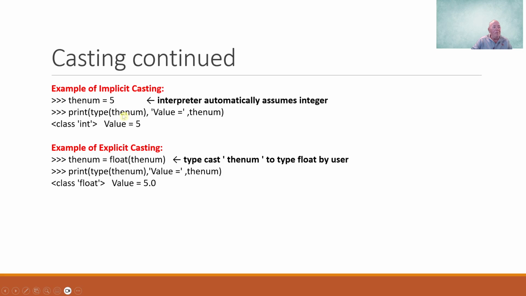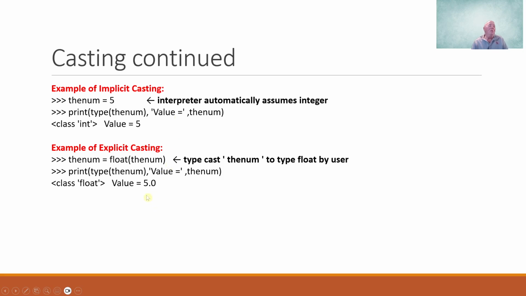It will automatically make it an integer, and it said print type the num. Now remember, this is something we saw already. This is saying, okay, what is the value of the num? And it comes back here, and you see that the result would be class is int, and that the value is 5. Okay, well that is implicit casting.